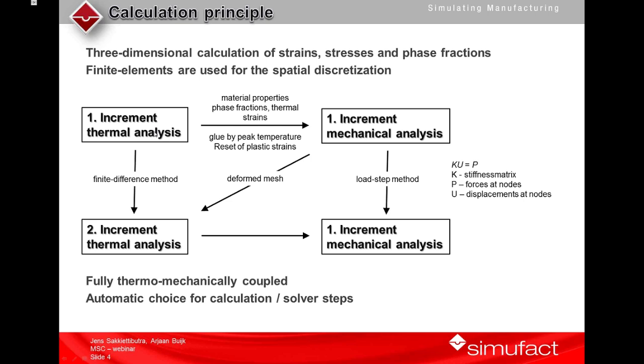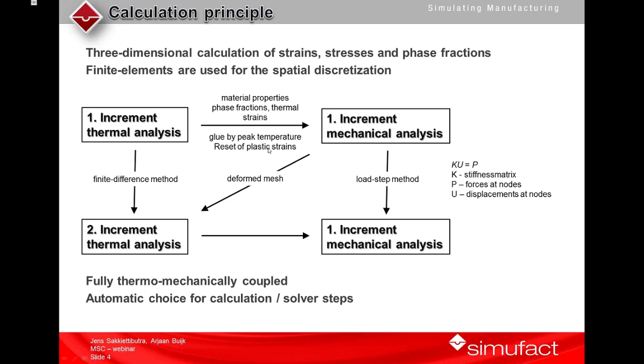We do a thermal analysis, then we know the temperature distribution and the phase fractions afterwards. We know the thermal strains. If the material has reached melting temperature, we have a glue by peak temperature. So the nodes will be connected, or node to surface will be connected. If we are over the solidus temperature, we will reset the plastic history.